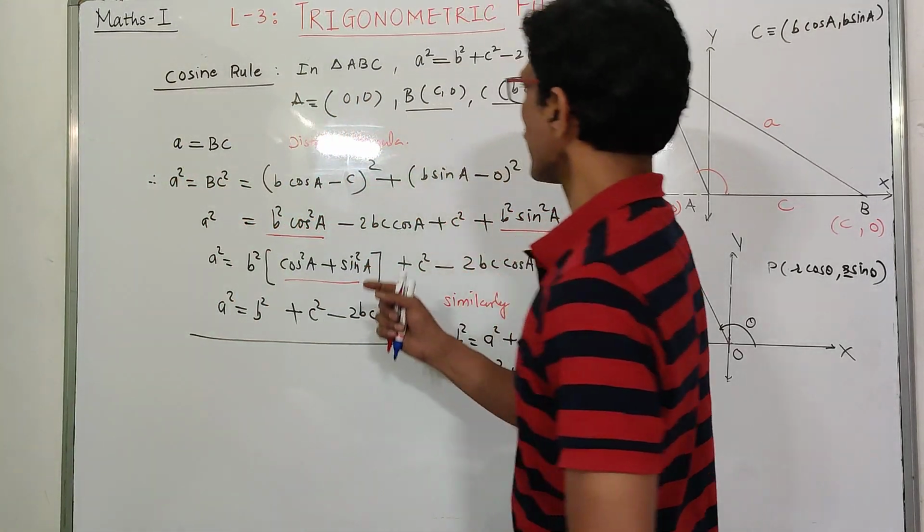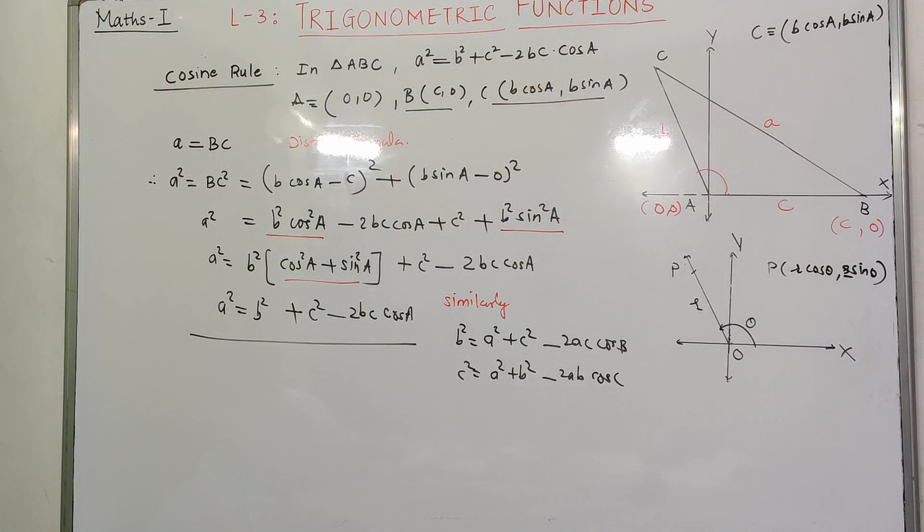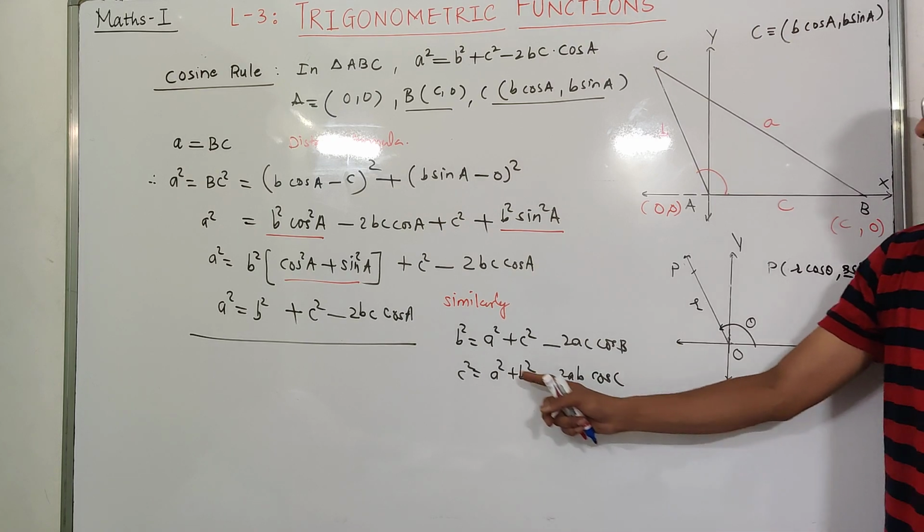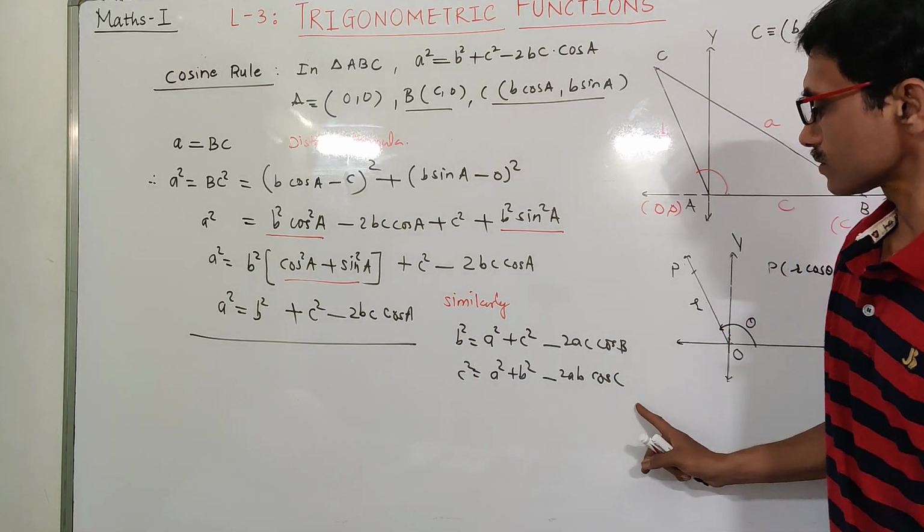The cosine rule is: in triangle ABC, a square is b square plus c square minus 2bc cos A, and b square is this, c square is equal to this.